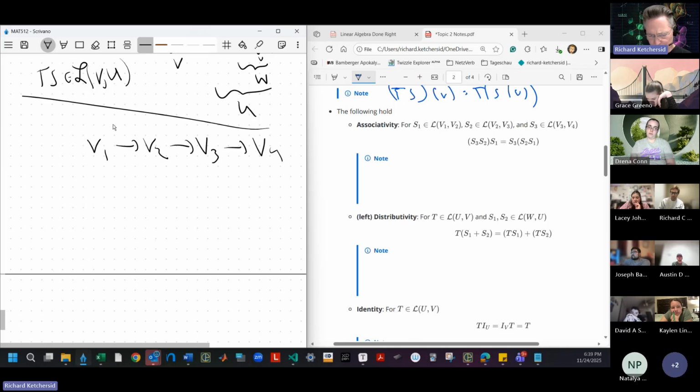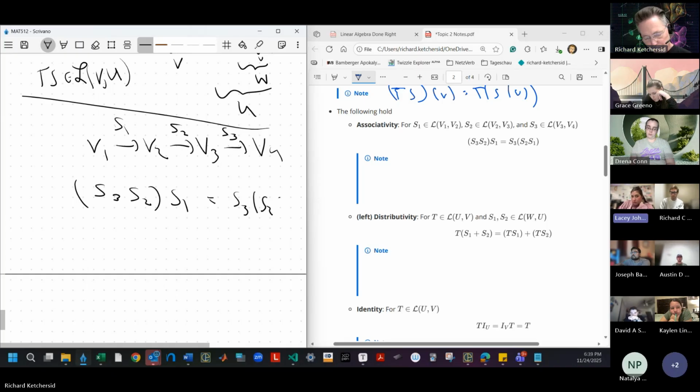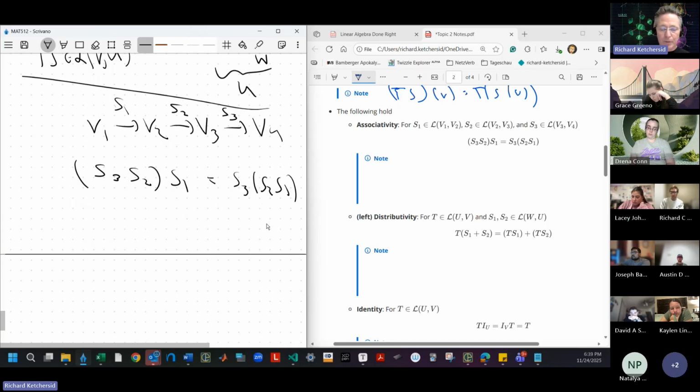I've got S1, S2, S3, and the order in which you have to combine these is reversed again. So it's S3 of S2 of S1. This is a product of 3 things. You only do products 2 at a time, so you have to combine them in some way. So you put a parentheses there, and then the associativity says it doesn't matter how you put the parentheses.